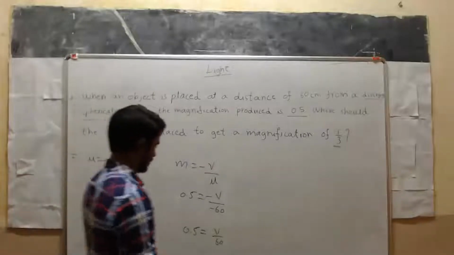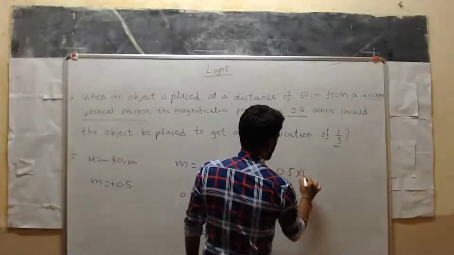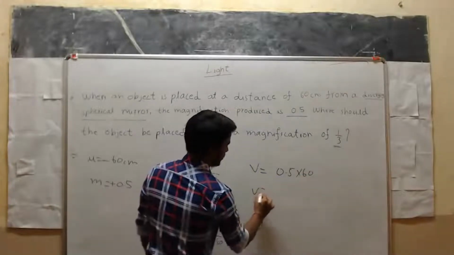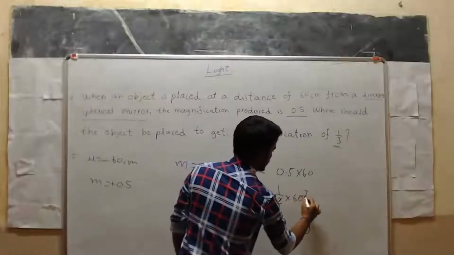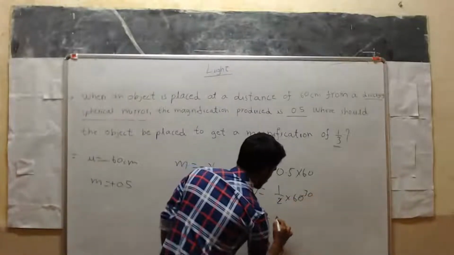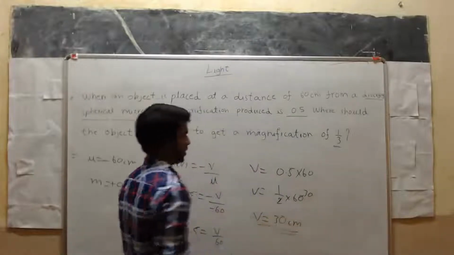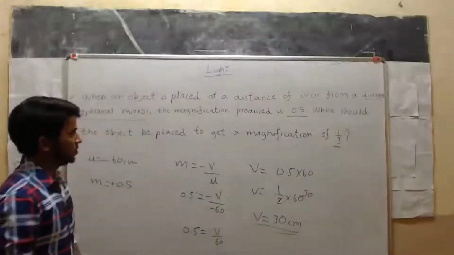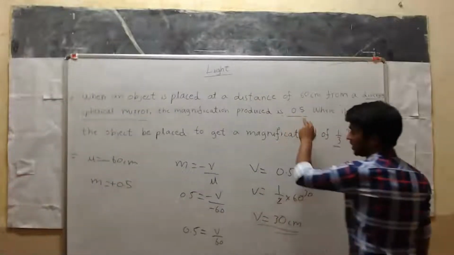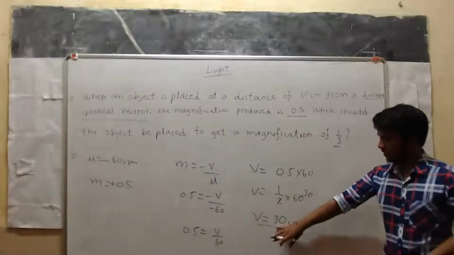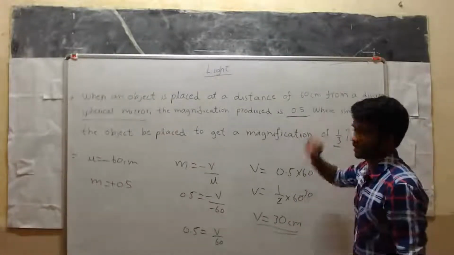Then v equal to 0.5 into 60, or we can write this as 1 by 2 into 60, which is 30. So v equal to 30 centimeter. So when the object is placed at a distance of 60 centimeter and the magnification produced is 0.5, the image distance is 30 centimeter. This is for the first case.